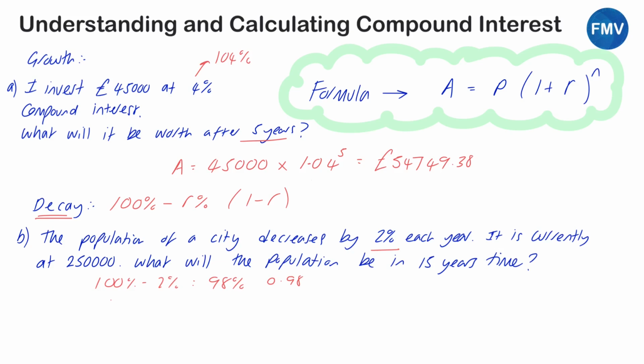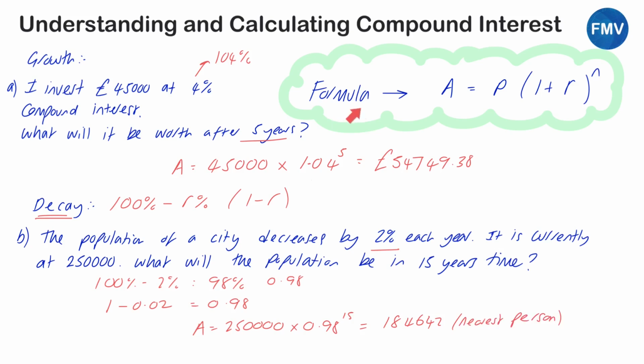The other way of looking at that is 1 minus 0.02, which still gives us 0.98 as a multiplier. So our calculation then becomes A equals the principal sum, which is £250,000, multiplied by 0.98, raised to the power of the number of years, which is 15, and that becomes 184,642 to the nearest person.